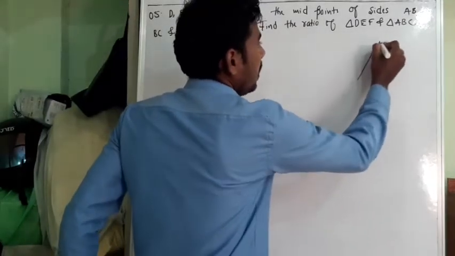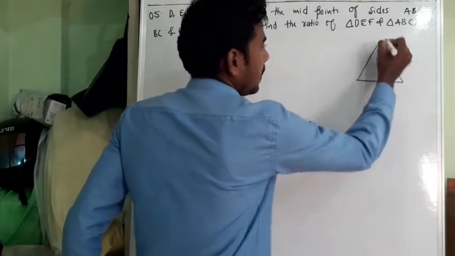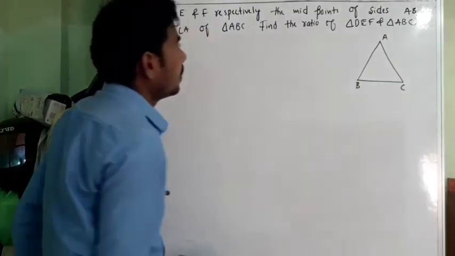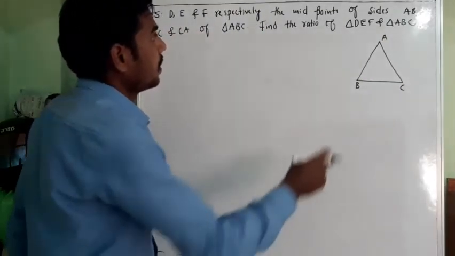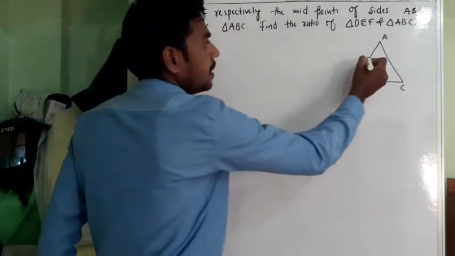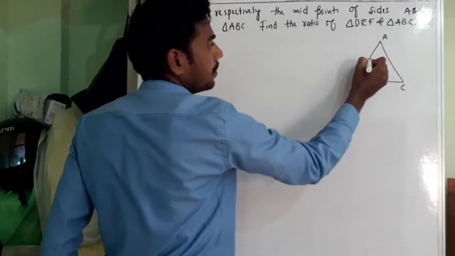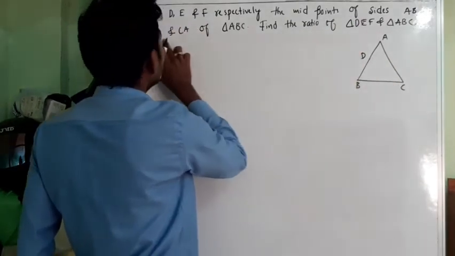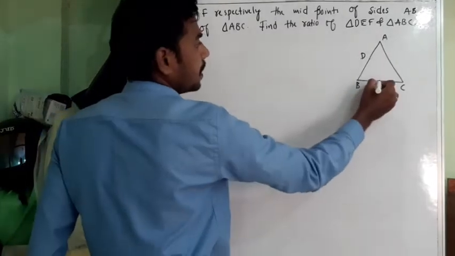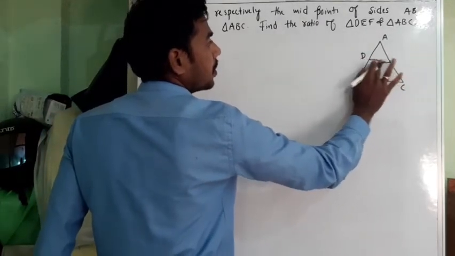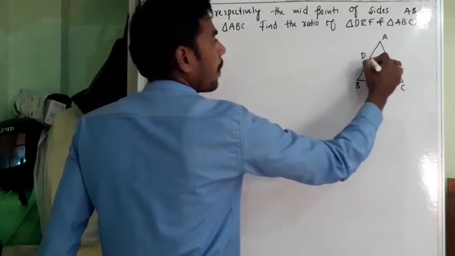In this, the midpoints of sides are D, E and F. Where is D? D is on AB, E is on BC and F is on AC. Okay.